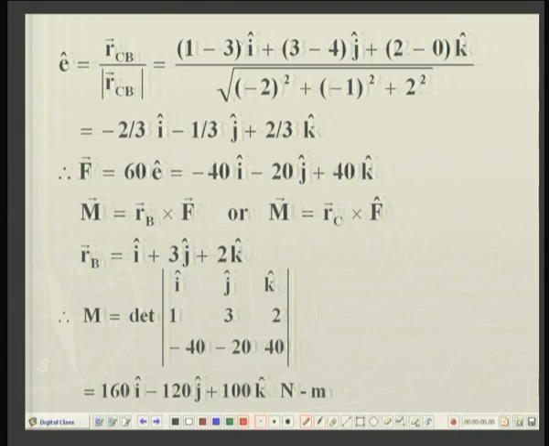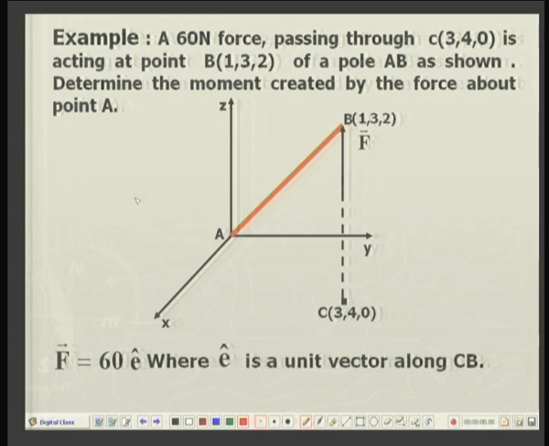So, the force F will be equal to minus 40 i unit vector minus 20 j unit vector plus 40 k unit vector. Now, the moment M is equal to the distance from the origin, because we are taking the moments about the point A. One point is this, and the second point you can choose as any point along the line of action.